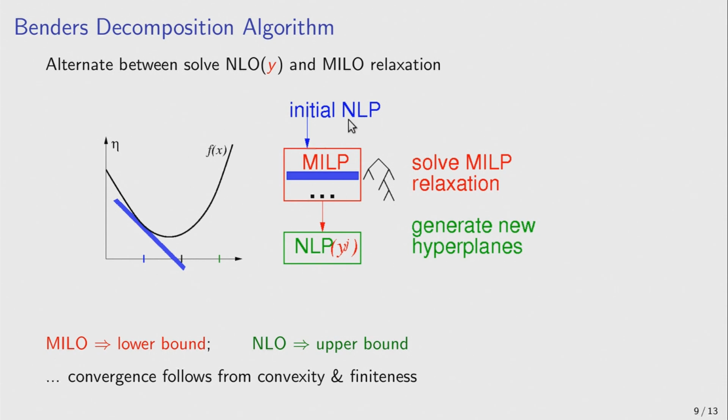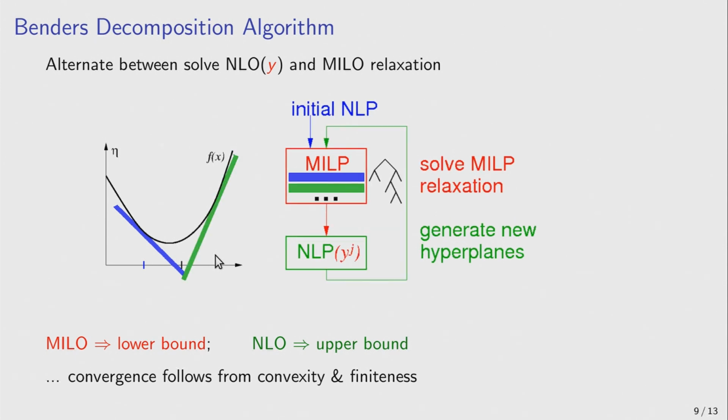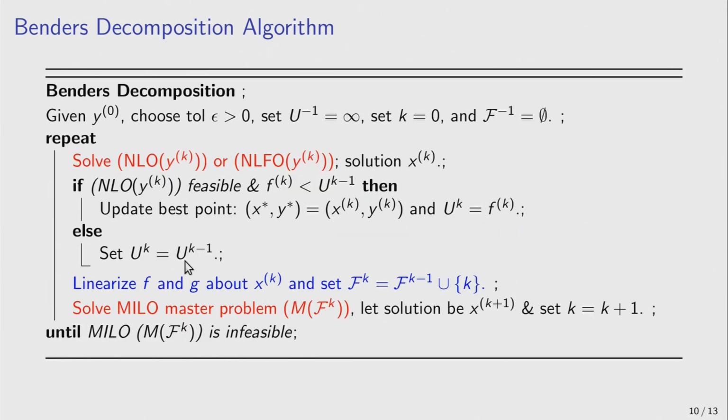Then I do my branch and bound tree search here. I generate a tree search, and I find a new integer assignment that's going to be this one over here. Then I go back in, I solve another nonlinear optimization problem, and I can generate another cut. This would be this one here. And I can just keep going around this. Now I again set up an MILP that I can solve, and I can go around this loop.